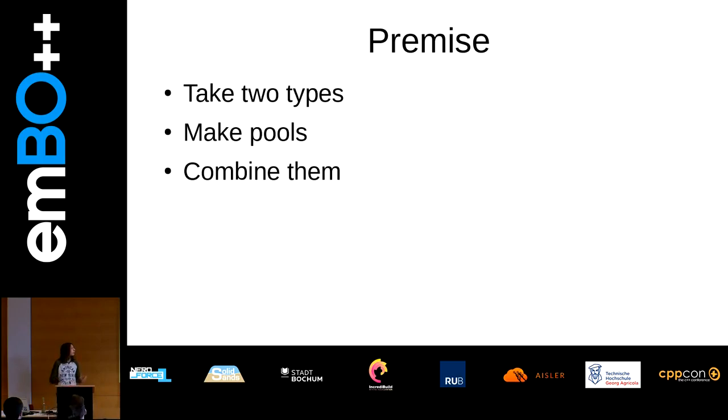Then you would create two pools. One pool for creating objects of size 3 and another pool for creating objects of size 4, and get those pools to as closely match each other's size as possible, and then put the pools in a union so that you can allocate either pool.